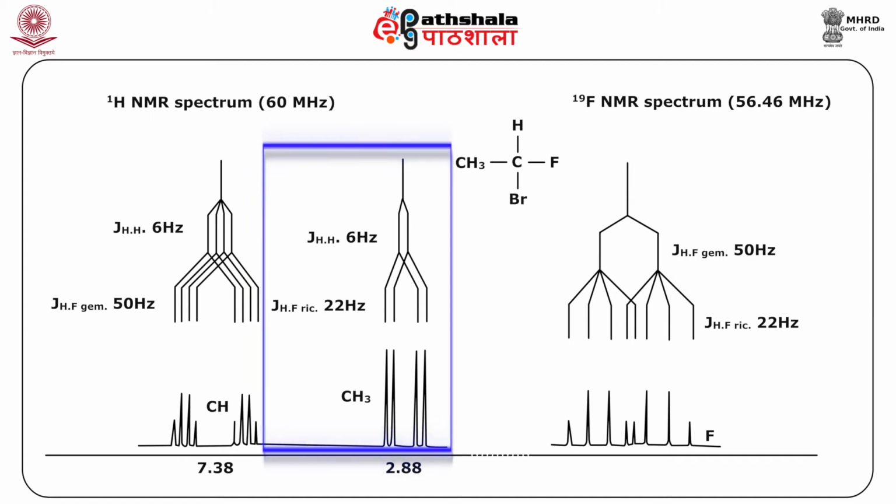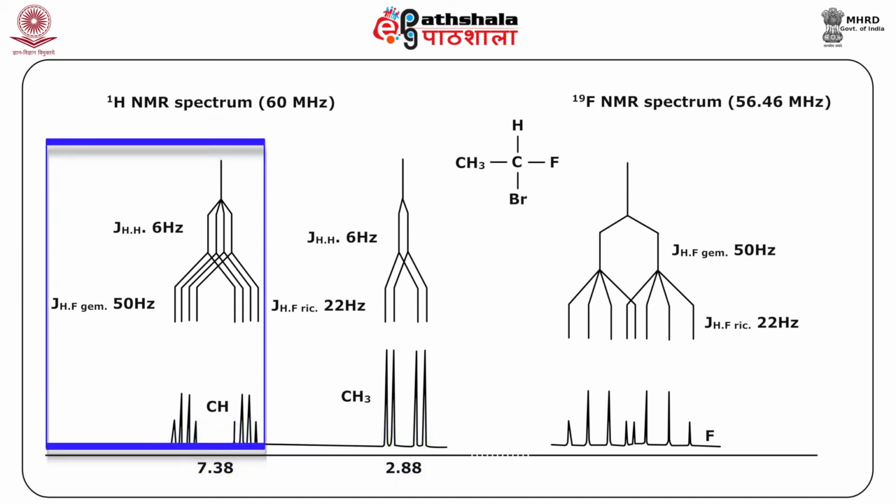The methyl signal therefore appears as a double doublet. The CH signal is split into a quartet by methyl, whose coupling constant is 6 Hz, and then each line is further split by a large geminal hydrogen fluorine coupling, whose coupling constant is 50 Hz. The CH signal therefore appears as a doublet of quartets.